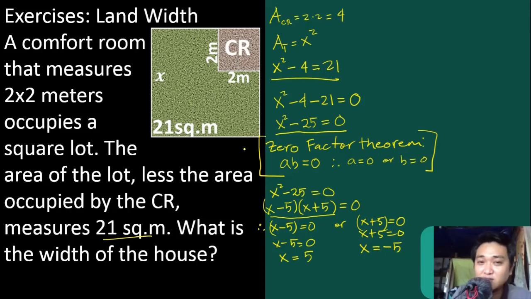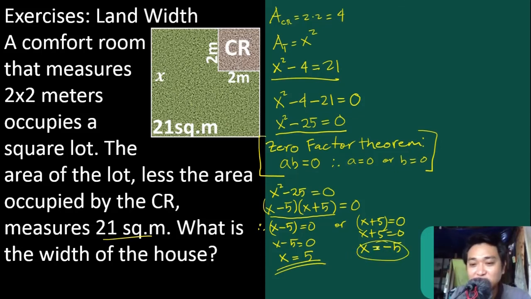Pero syempre, we are talking about measurements here. So, hindi pwede na magkaroon tayo ng value na negative. Bawal po yan. Kasi wala naman tayong negative measurements. So, ang magiging solution natin, etong positive, which is x is equal to positive 5. Hindi na ba kasali si negative 5? Hindi na.